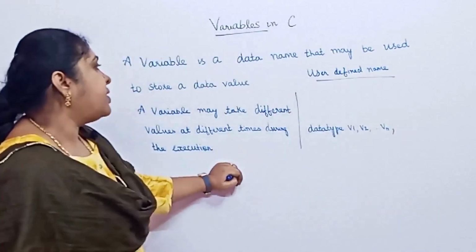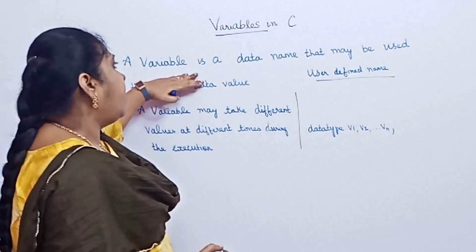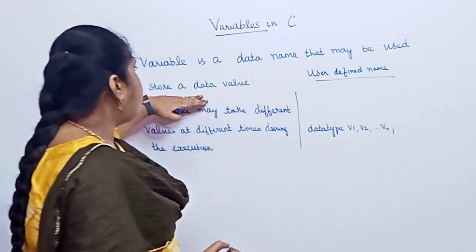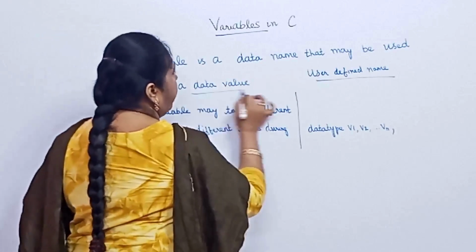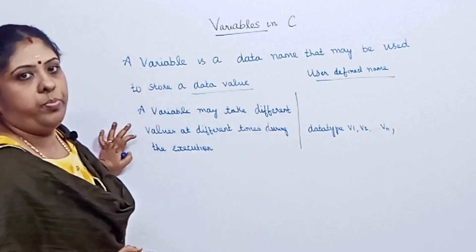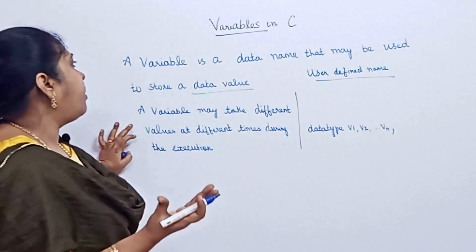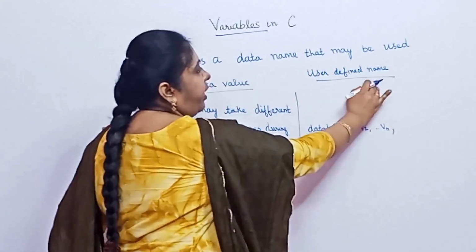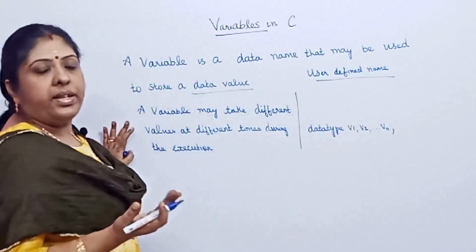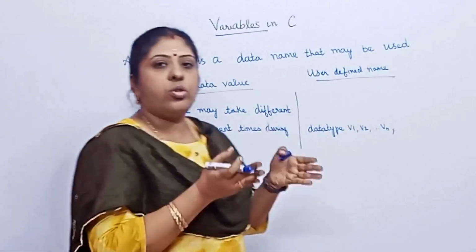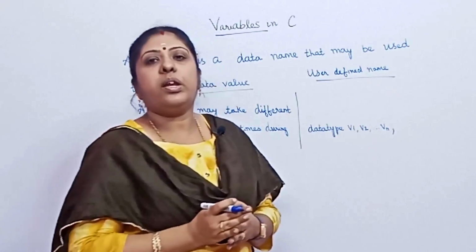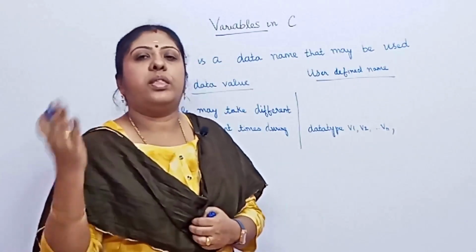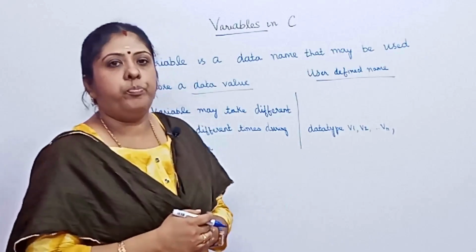The general definition is: a variable is a data name that may be used to store a data value. In other terms, a variable is a user-defined name used to allocate a memory location depending upon the data type used.